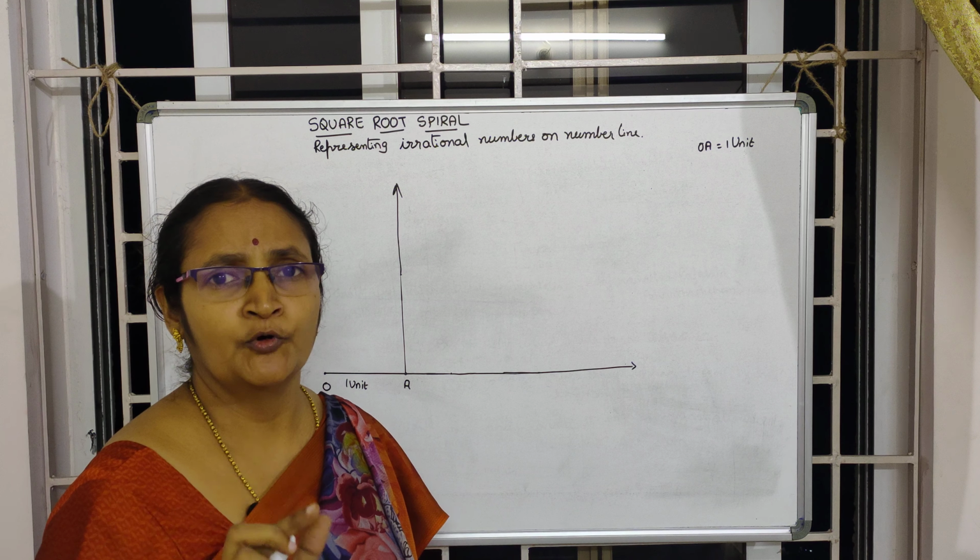Now, whatever the new line I got, OC, the same procedure you continue. Now, to get root 4, we will draw a perpendicular line to OC in this way.